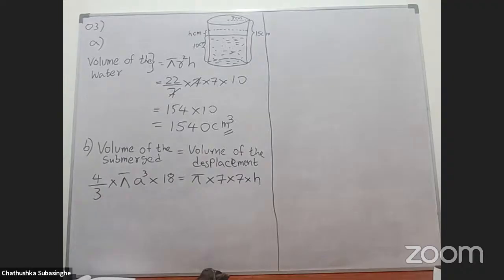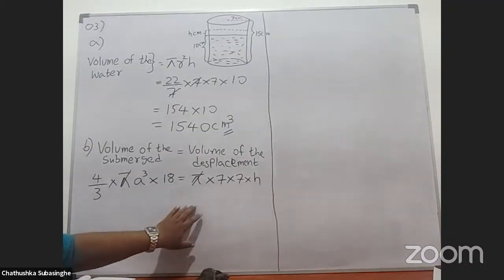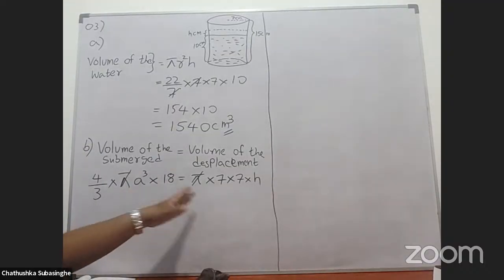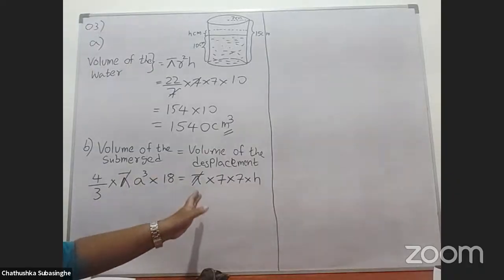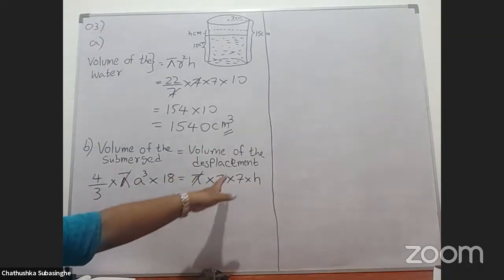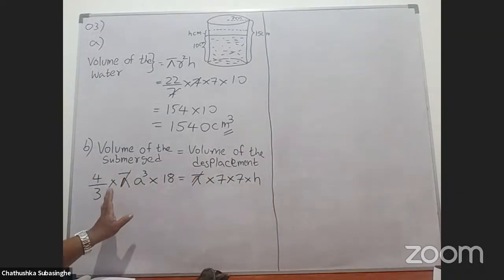Right? I hope you understand. If you don't understand, you can raise your questions at any time. So I'm going to cancel off this pi and pi. You can see I never write 22/7. In the previous question also I could straight away cancel off pi and pi. So don't write it as 22/7; cancel off these things and take it to the other side.